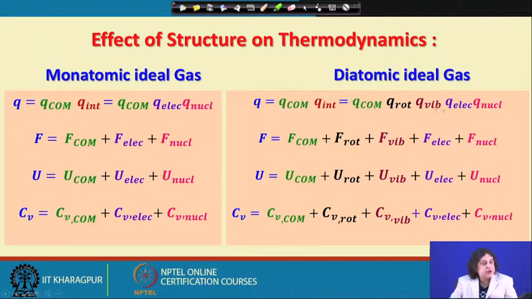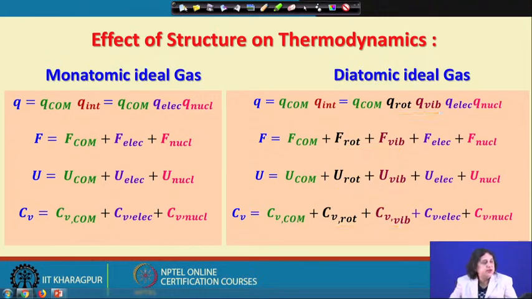in this case, because of the presence of these two extra terms that you see here, there are two extra terms appearing in all the thermodynamic properties, which can be attributed to the effect of discrete energy levels present for the rotational and the vibrational degrees of freedom in the diatomic case.